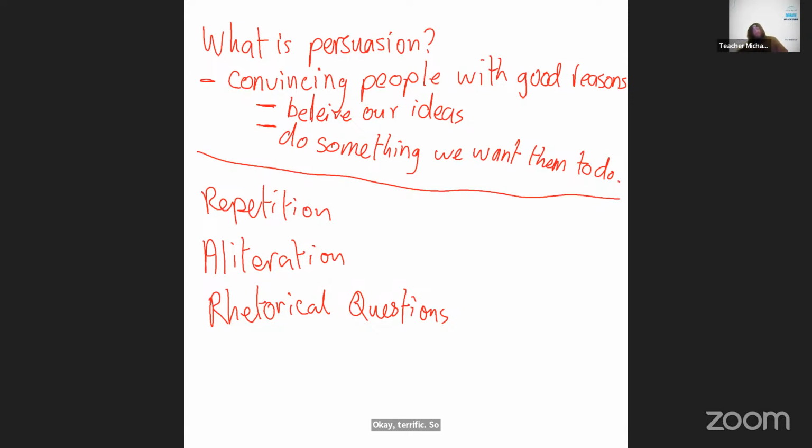So we also had metaphors. What else did we have? We had emotive language.